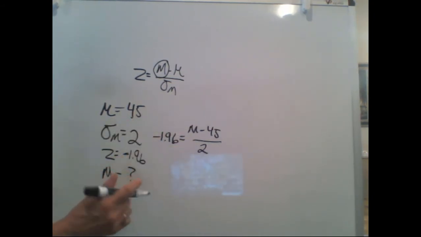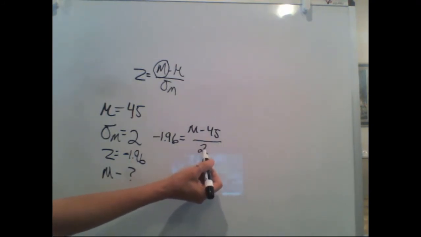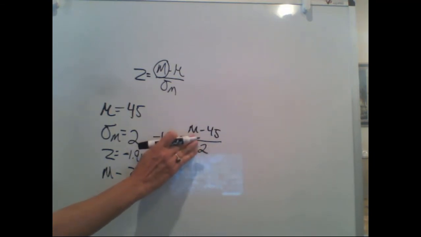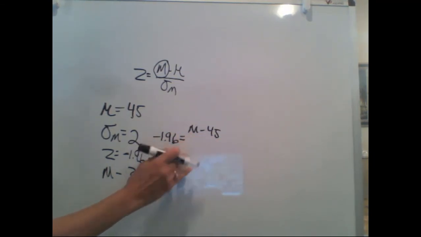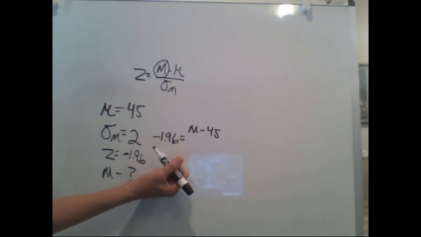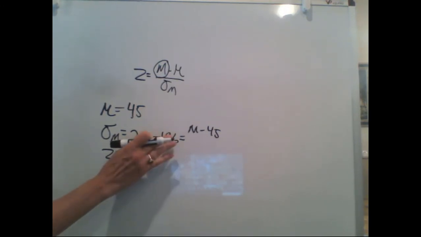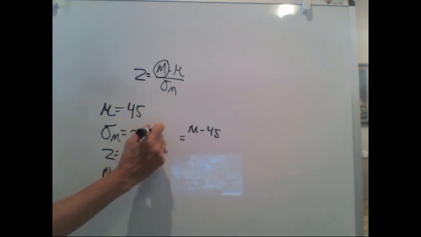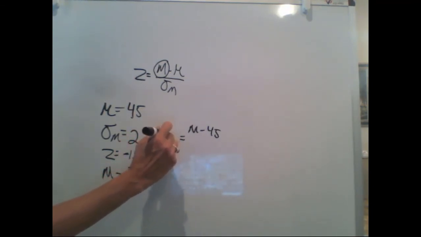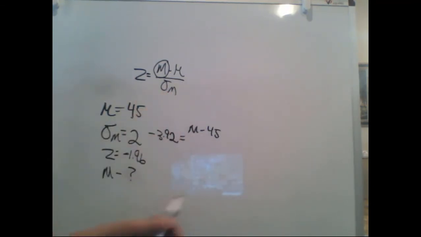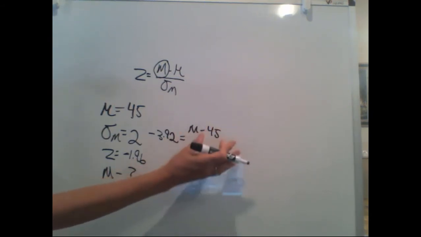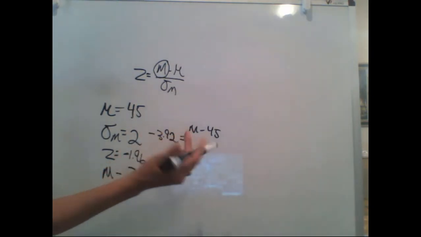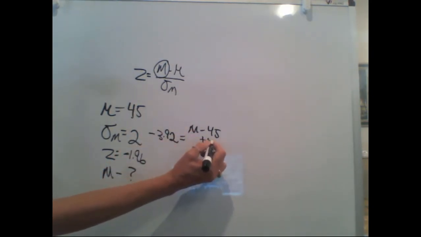The way to do that is I'm going to first multiply each side by 2 to get rid of this 2 on this side. When I multiply negative 1.96 by 2, I get negative 3.92. So I'm going to write that down, negative 3.92. Now I have to get rid of this negative 45 on this side, and I'm going to do that by adding 45 to this side.